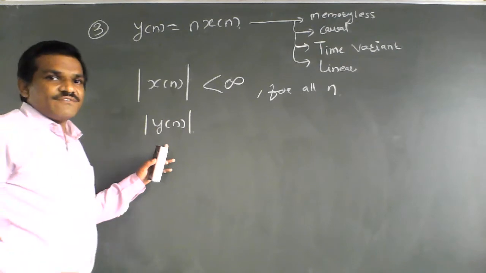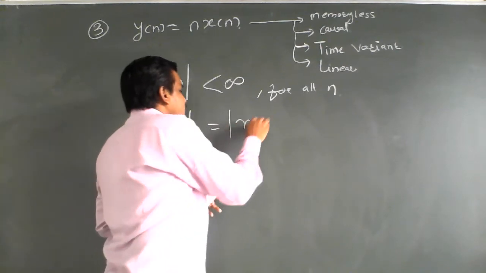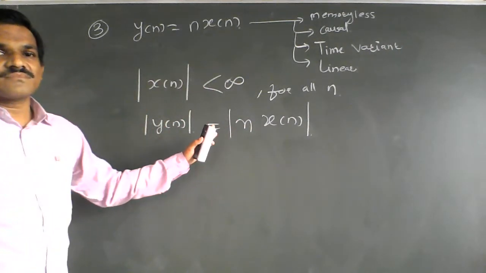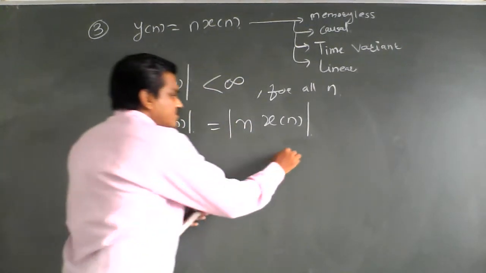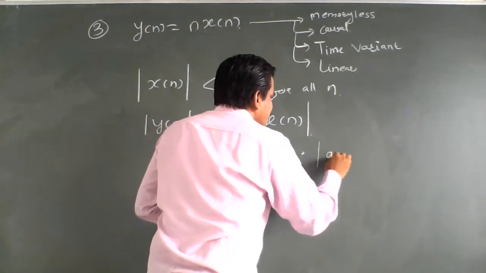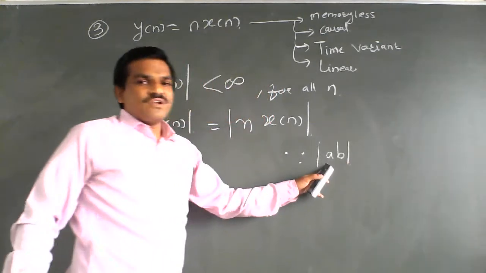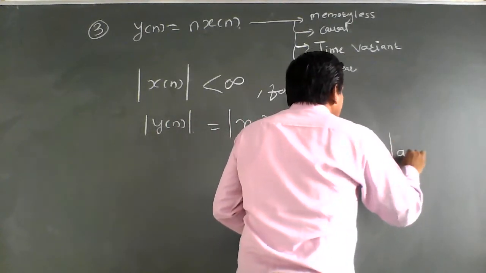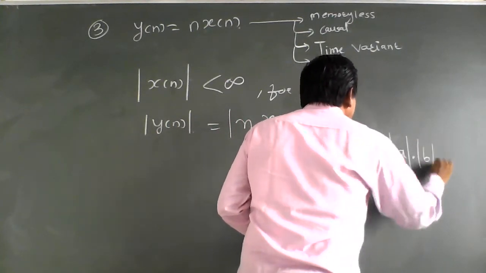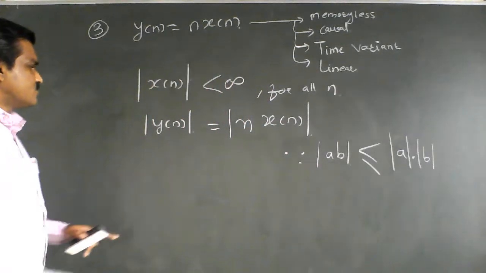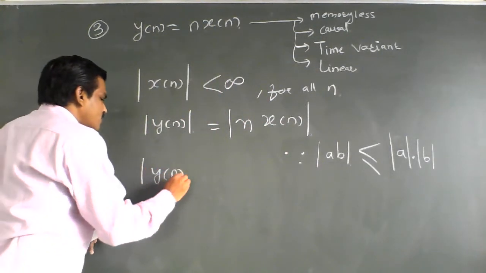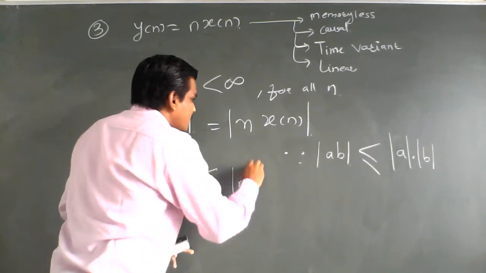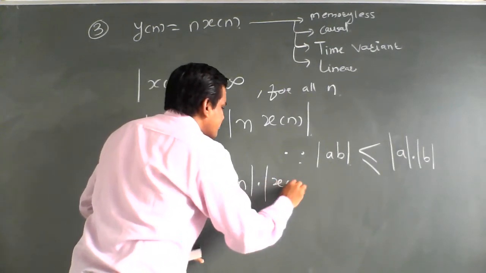Y of n is nothing but n times x of n. You know that modulus of a into b is less than or equal to modulus of a into modulus of b. So mod of y of n is less than or equal to mod of n multiplied by mod of x of n.